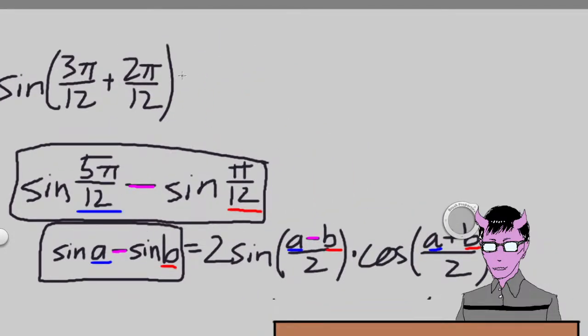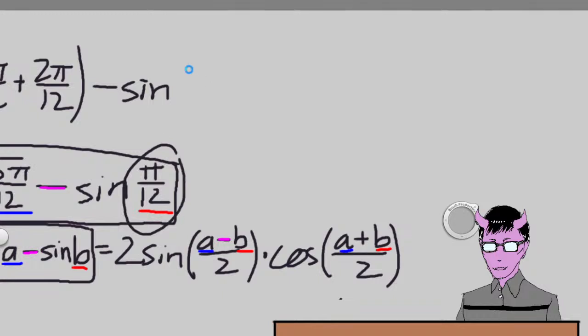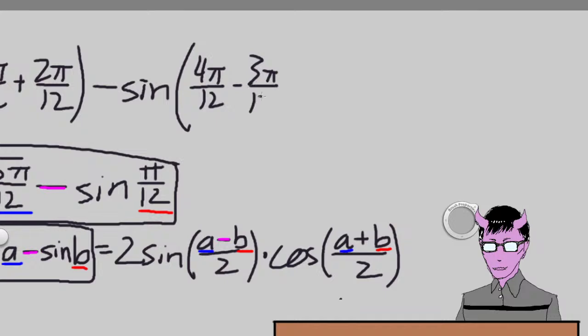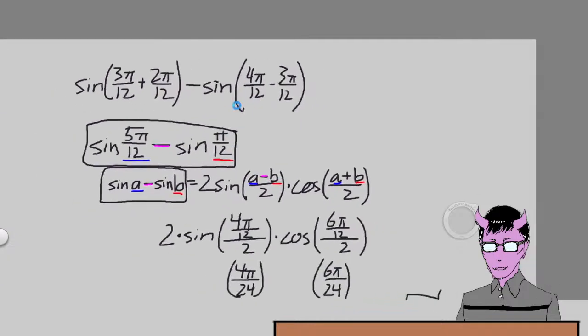And then we have a minus here. This one we've already split, I think that was the first example we did. So 4 pi minus 3 pi. Alright, then we could use our expansion rule, sine, cosine, cosine, sine, with a plus.